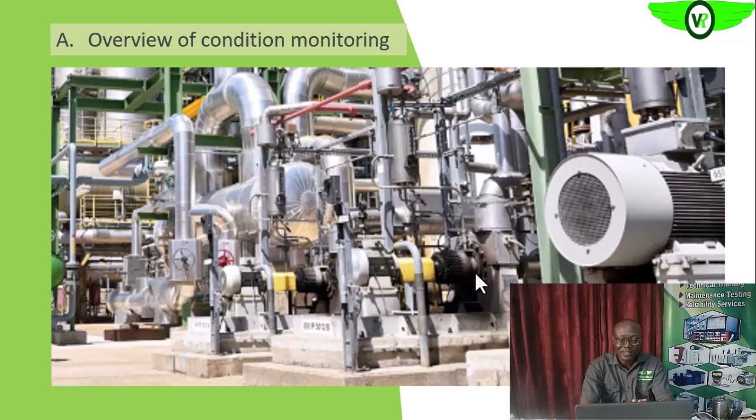One of them is temperature. Remember that the normal body temperature is 37 degrees Celsius. So that is what is normal. Equipment too, in the process plant, they have their normal operating temperature. Anything above that 37 in humans is an indication that there is something wrong.